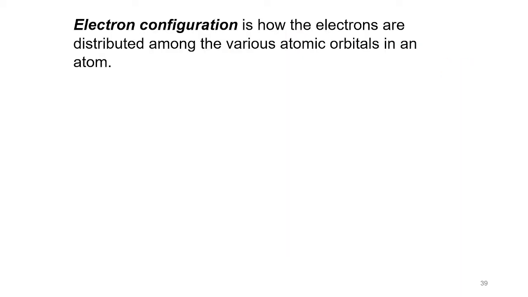Okay. So in that, we are moving into what we call the electron configuration. This is just somehow the summary of all we have discussed from this moment on regarding quantum numbers. So electron configuration is how the electrons are distributed among the various atomic orbitals in an atom.